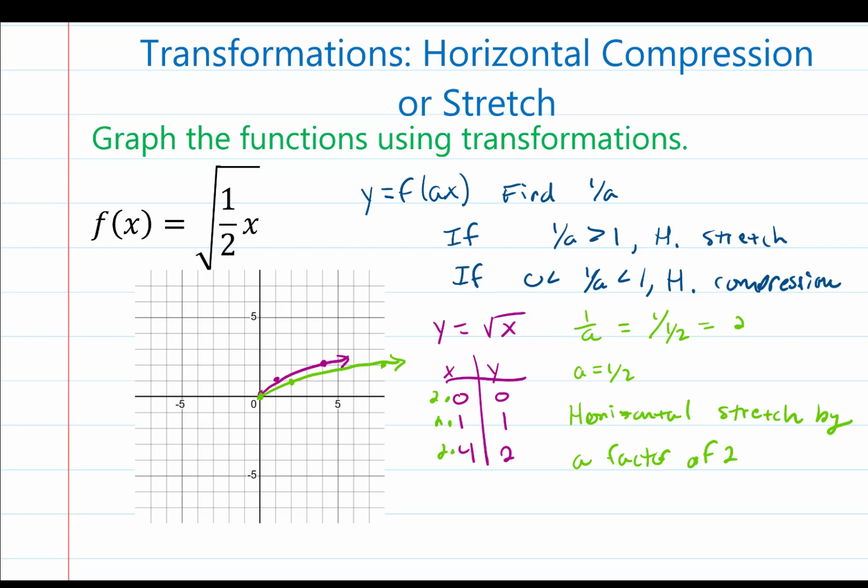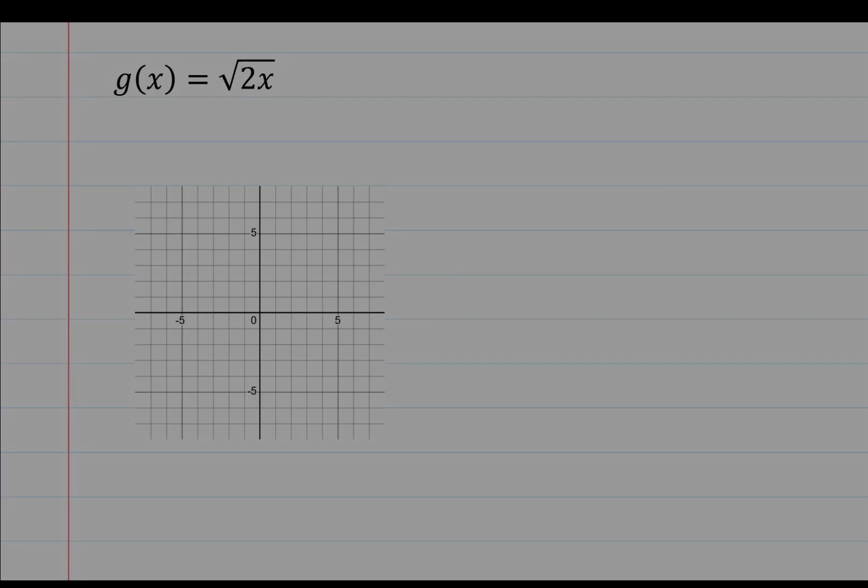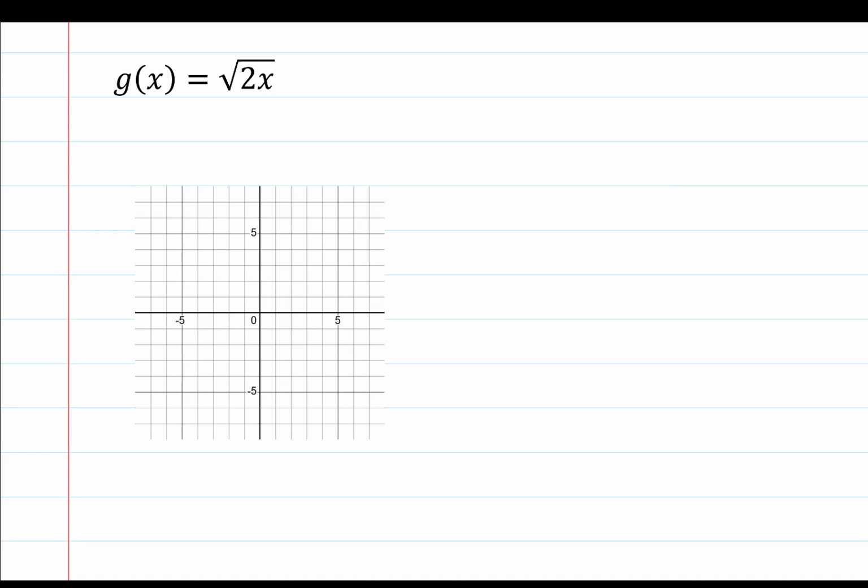So again, the first step is to find 1 over a. Our next function is g of x is equal to the square root of 2 times x. So again, I'm going to look at the parent function, which is the square root of x, and I'm creating the exact same t-table as the first example of 0, 0, 1, 1, and 4, 2.